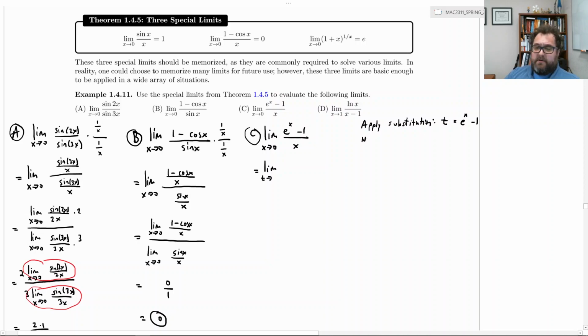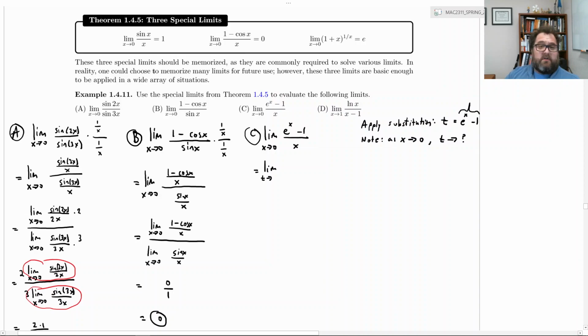Now let's put a note here. Note, as x approaches 0, t approaches what? In other words, think to yourself, as x gets closer and closer to 0, what happens to the right-hand side of this equation?